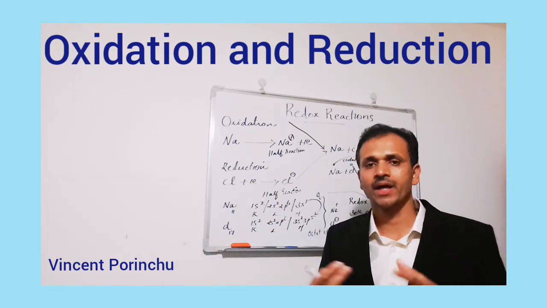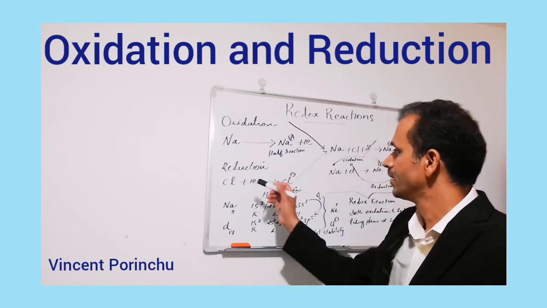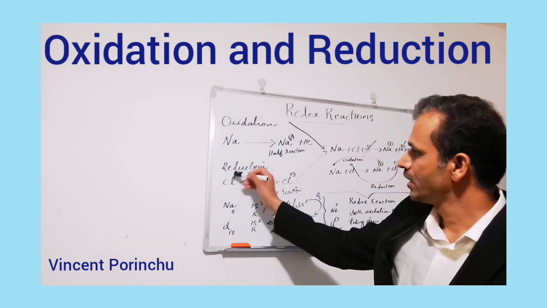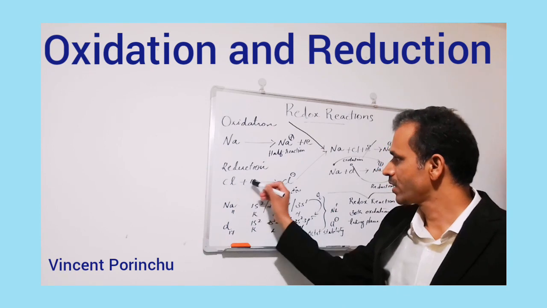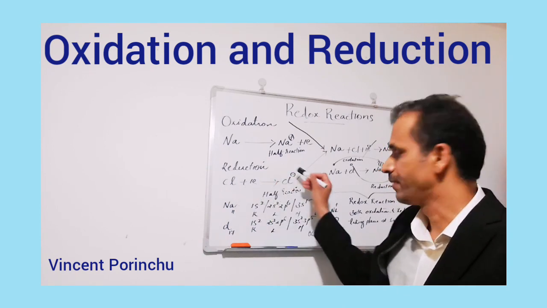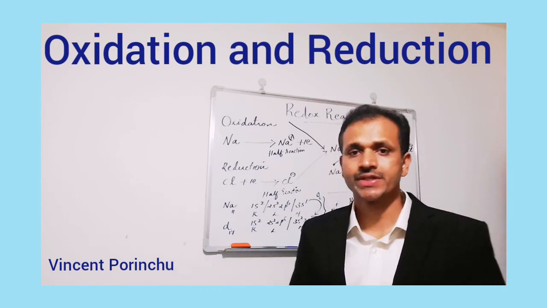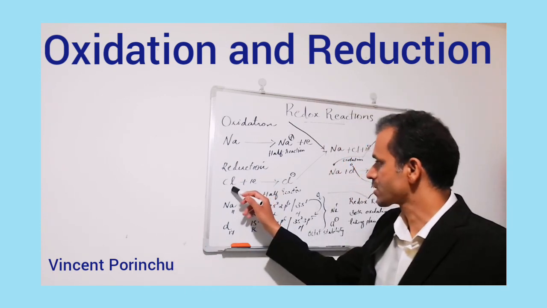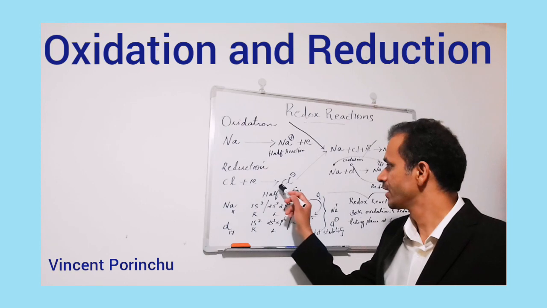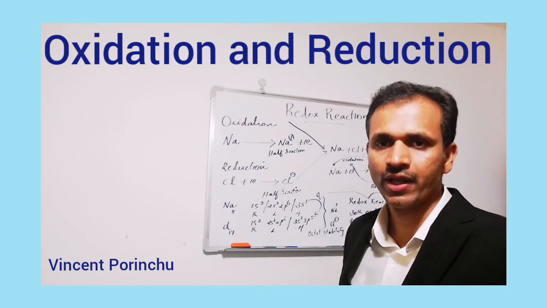In a chemical reaction, if an atom or ion receives an electron and becomes the corresponding negative ion, an anion, that reaction is known as reduction. So chlorine plus one electron gives a chloride anion.